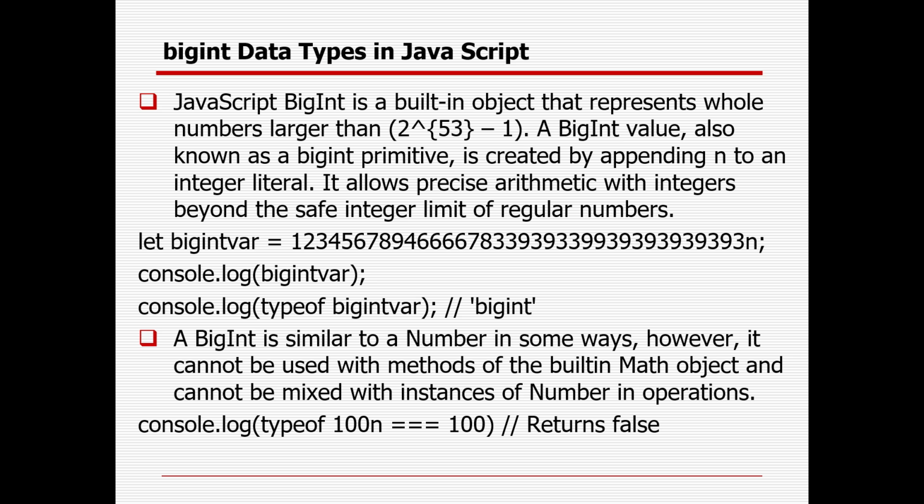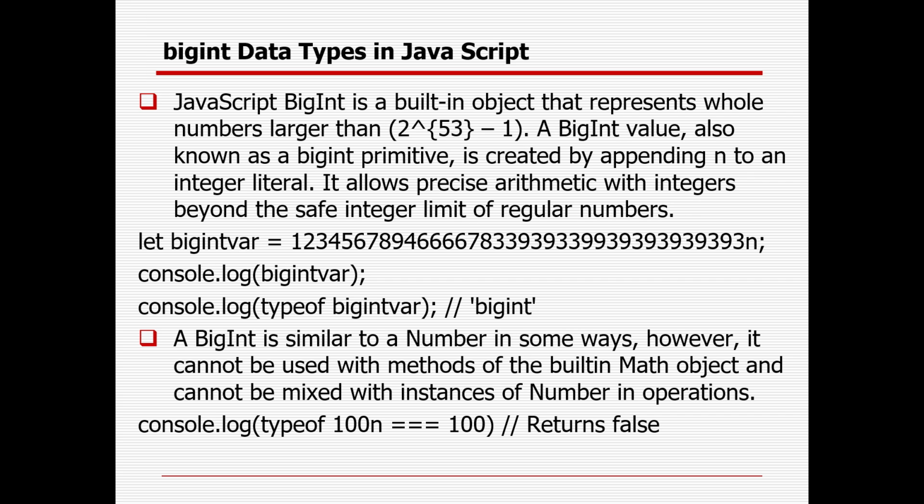A BigInt value, also known as a BigInt primitive, is created by appending n to an integer literal. It allows precise arithmetic with integers beyond the safe integer limit of a regular number. Suppose there is a safe integer value called x.